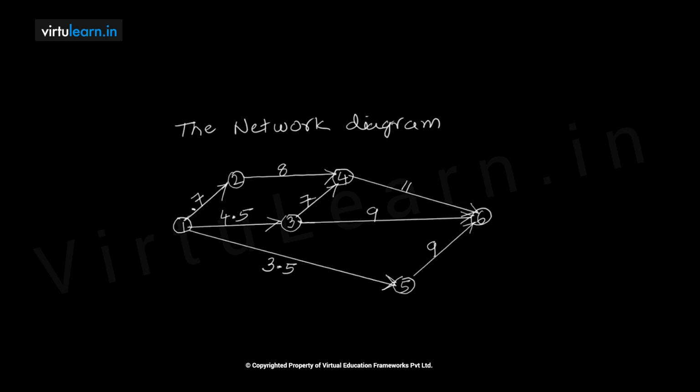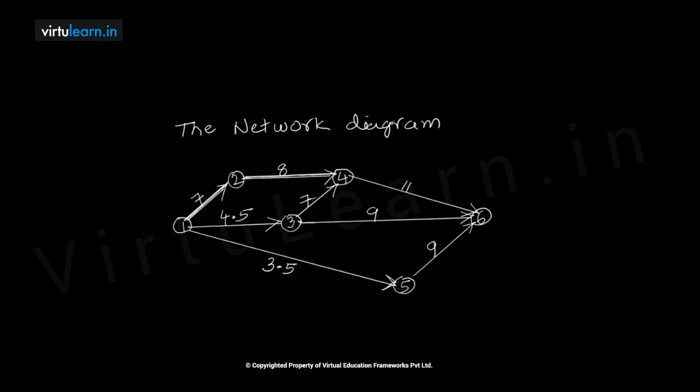Any path which has the longest duration is known as the critical path, and we should represent that with bold lines. The purpose of this is that the project manager, just by seeing the diagram, should be able to understand this is the critical path.